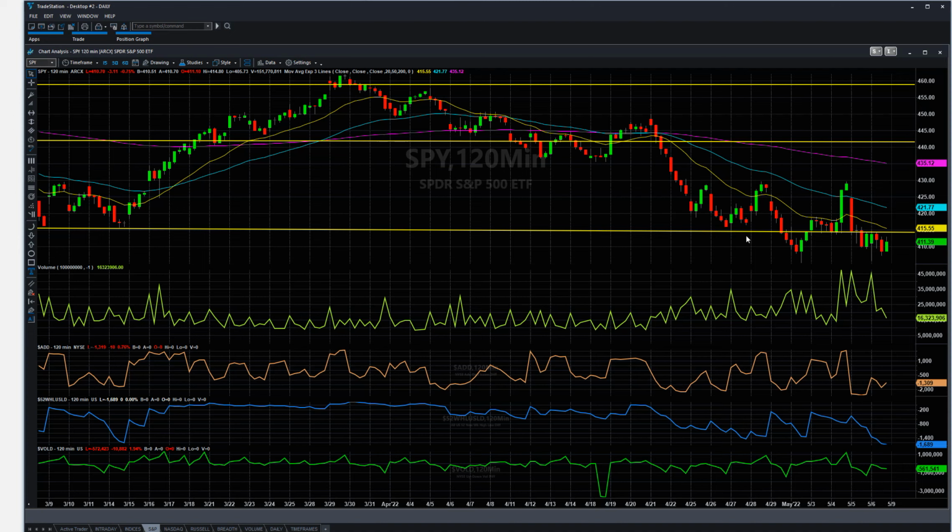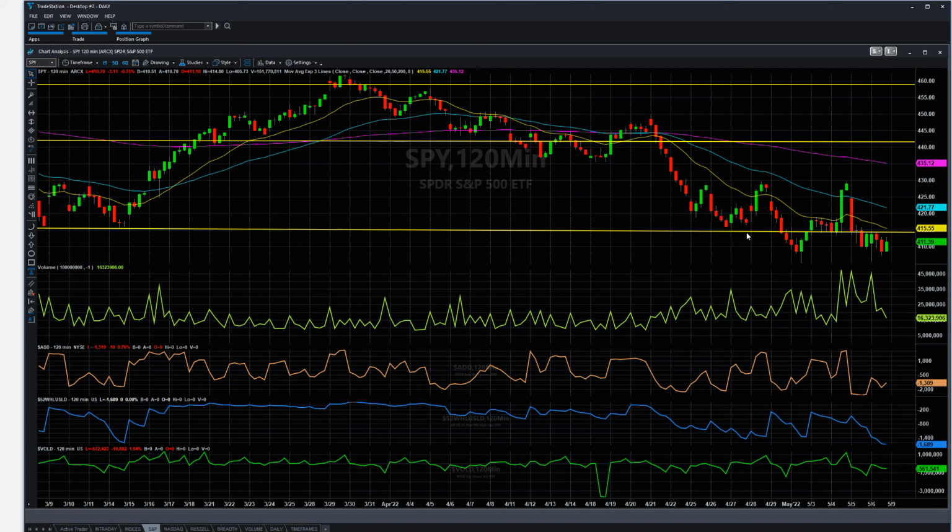But transitioning outside of this support area at 415 would then suggest that we are transitioning from a daily into that weekly rotation lower, looking at that 385 to 395 area potentially as support. Breaking that then would suggest we are breaking out in a monthly time frame and looking at significantly lower prices.